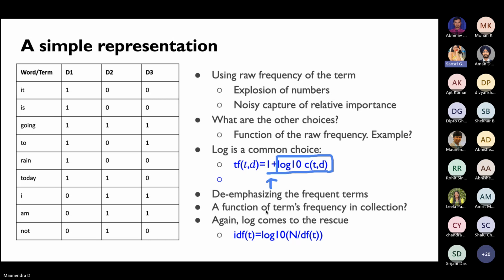To keep the TF in a positive term, we need to have that 1 plus, because log 10 of count of D could be 0. If we keep 1, it's like what we do in naive Bayes, right? We normally do that normalization, 1 plus something, to keep the count value as a positive value. Okay, I think somebody else also wanted to say something.